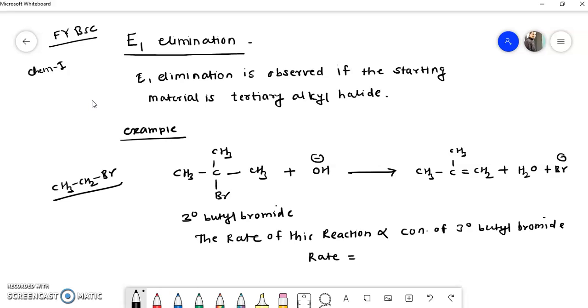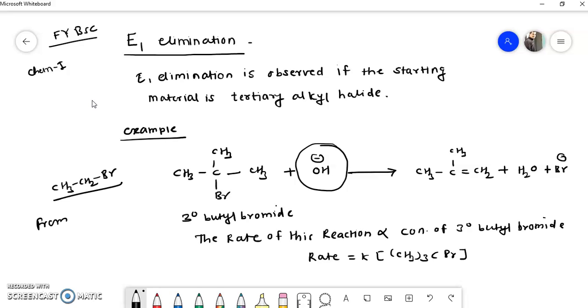So we can write rate is equal to k times the concentration of (CH3)3CBr. Rate is only proportional to the concentration of alkyl halide and is not proportional to the concentration of base. So from this rate equation we can say that the reaction is first order.